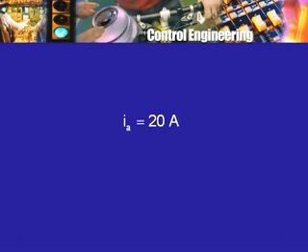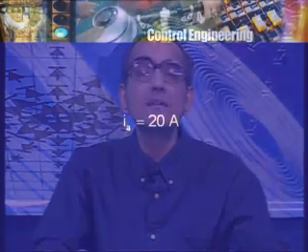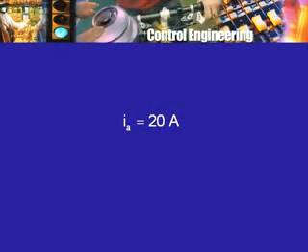So what we expect, and this is what the previous calculation would have shown us approximately, is that in the steady state an armature current of about 20 amperes will be flowing in the motor.